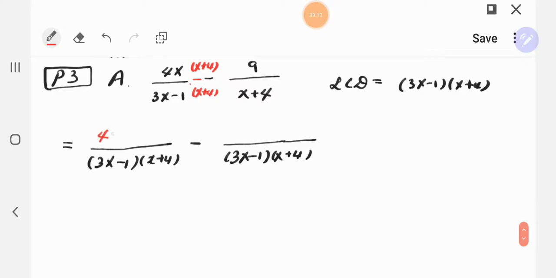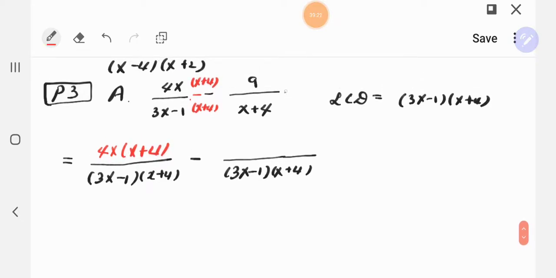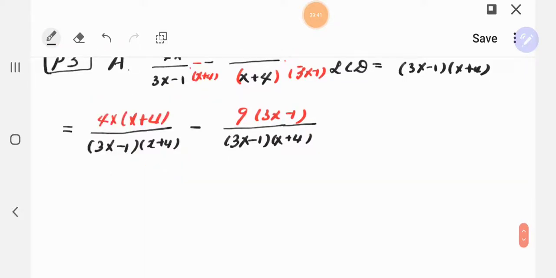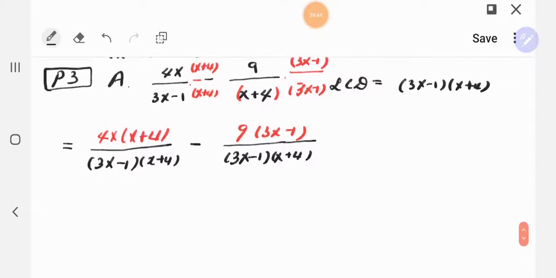Then the numerator of the first fraction is the product of 4x and x plus 4. The second fraction already has x plus 4, so what we don't have is 3x minus 1. So multiply the numerator by 3x minus 1. Then the numerator is 9 times 3x minus 1. So we just rewrote the fraction in terms of the LCD.